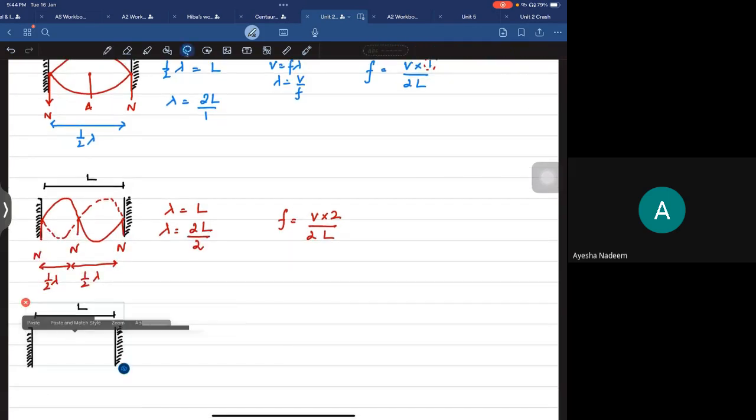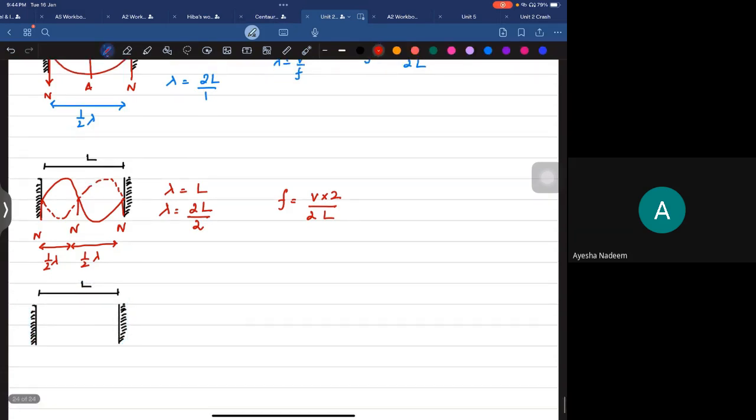Then, if I pluck it 3 times, what will happen? There's going to be one wave, two humps, and a half, like that. Now, this is a node, this is a node, this is a node, and this is a node. This is half lambda, this is also half lambda, this is also half lambda, because node to node distance is half lambda.